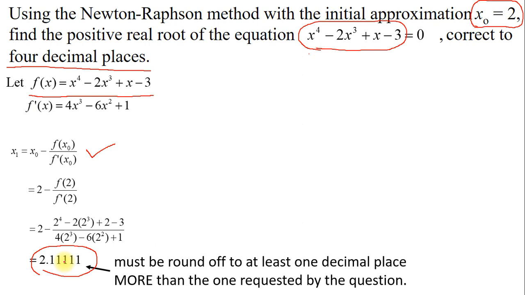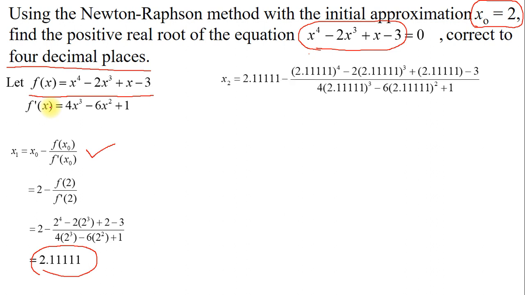Now we are going to repeat the process to get a better approximation. Now this time you are going to find x2, which is the second approximation. By using this number as x1, now we will substitute into the formula again. Now this is what you will get.